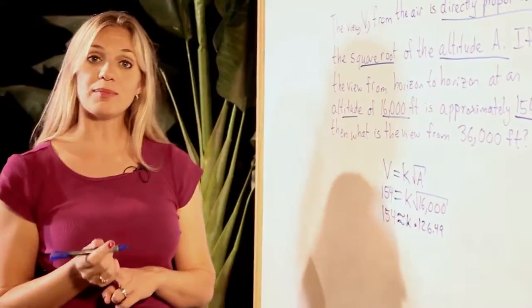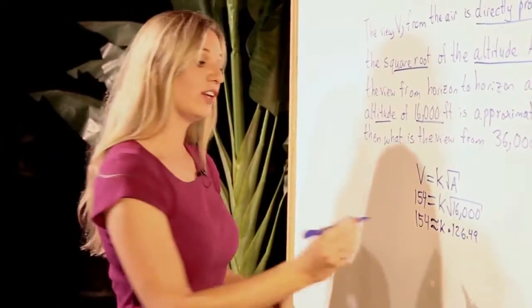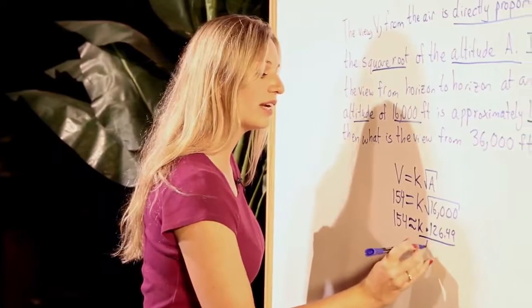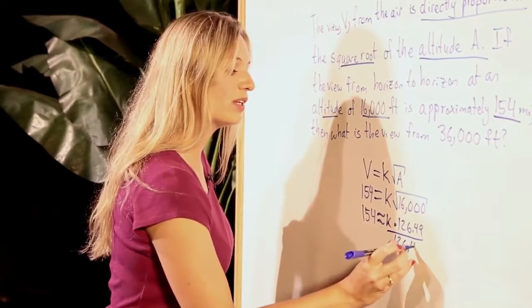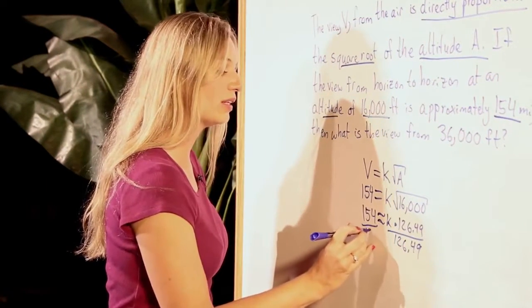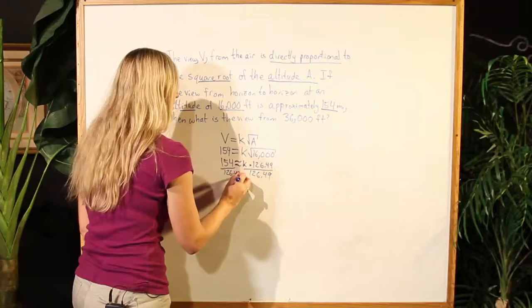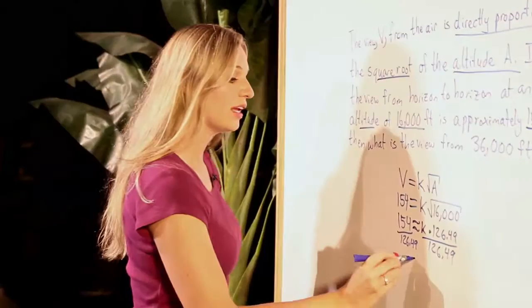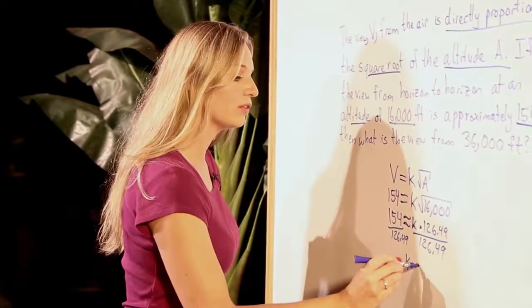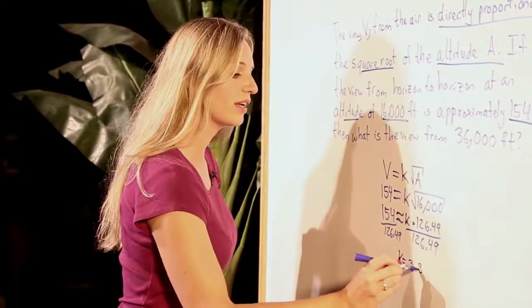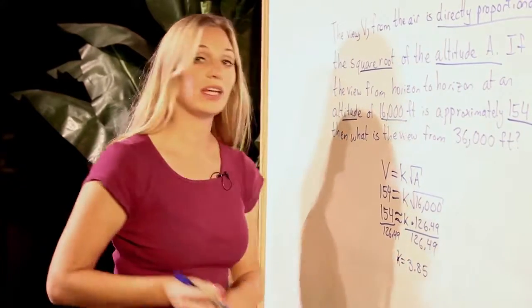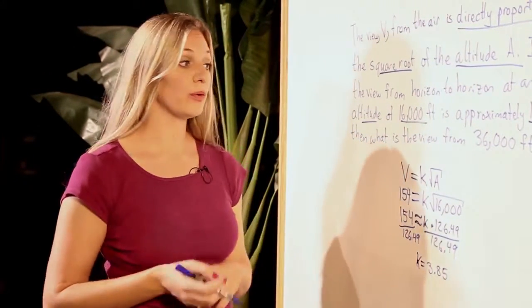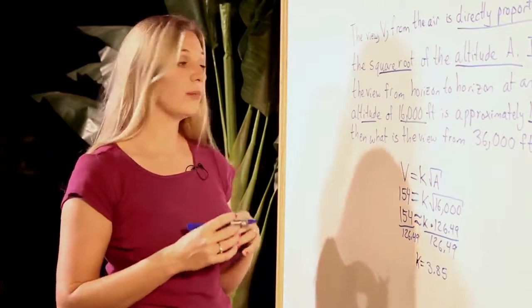Now the final step to isolate k, the constant of variation, is to divide both sides by that 126.49. In doing so, we will find that our k, constant of variation, will indeed be equal to 3.85.